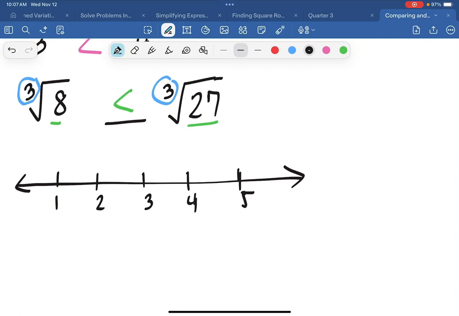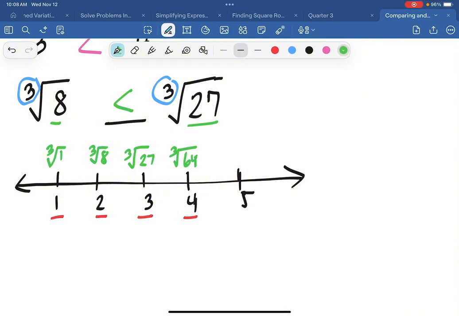1 cubed is 1, so the cube root of 1 is 1. 2 cubed is 8, so the cube root of 8 is 2. 3 cubed is 27, so the cube root of 27 is 3. 4 cubed is 64, so the cube root of 64 is 4.